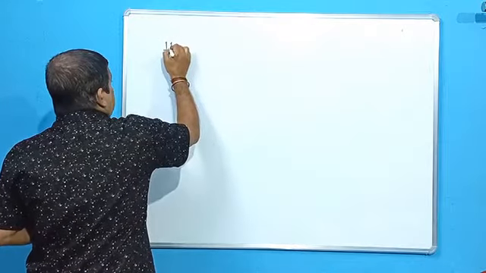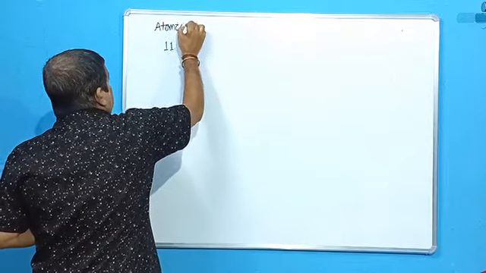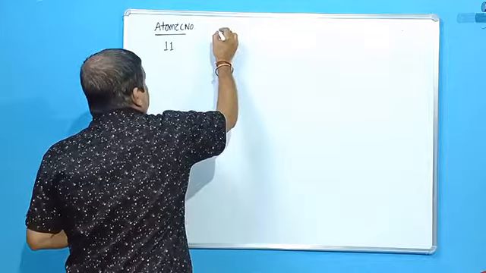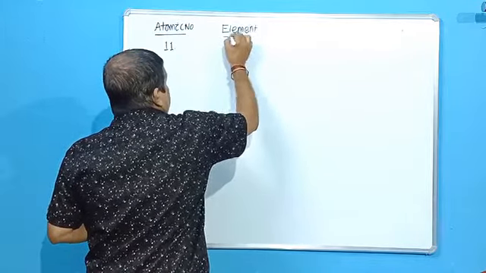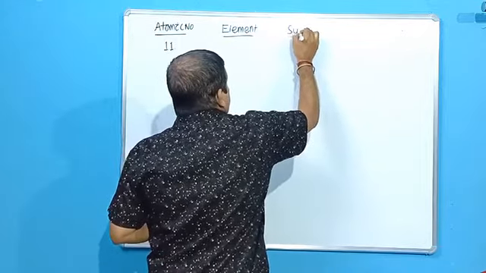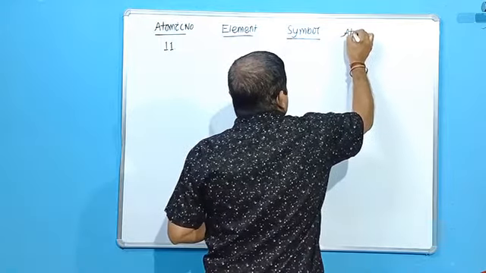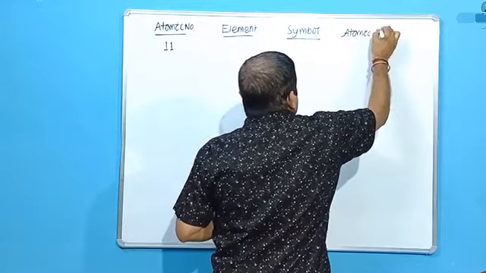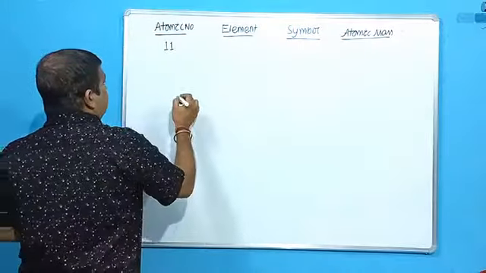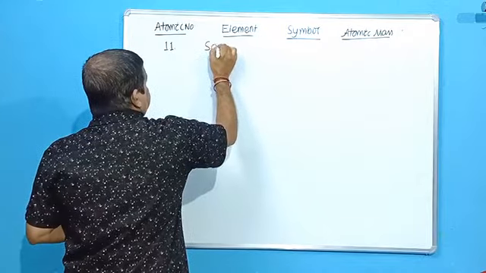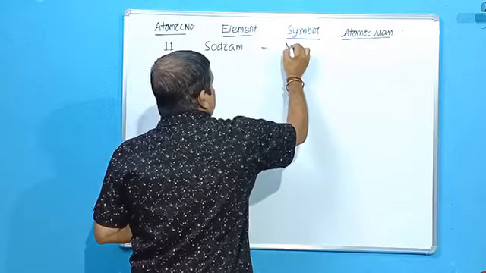So atomic number, then element, then symbol, then atomic mass. We are making 4 columns like this. Okay. 11 is sodium. Symbol is Na.